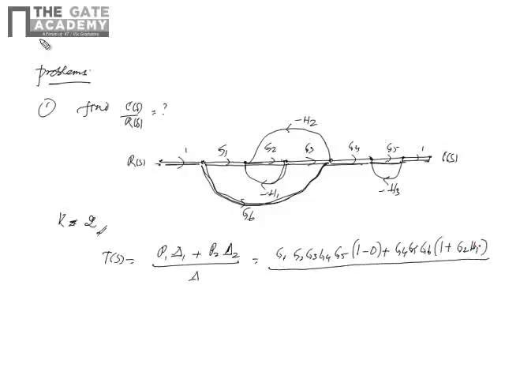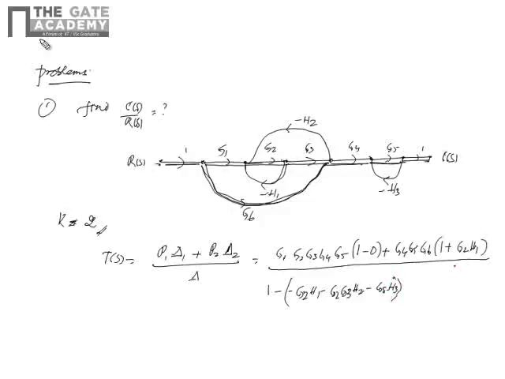Simple. Next, what is delta? So delta is 1 minus individual loop gains. So minus G2 H1 and minus G2 G3 H2, then minus G5 H3. These are the individual loops.